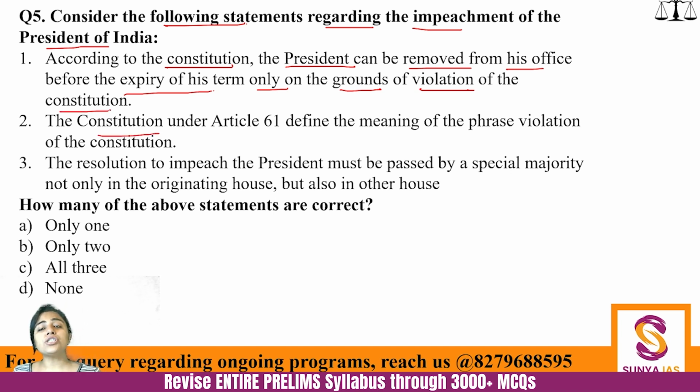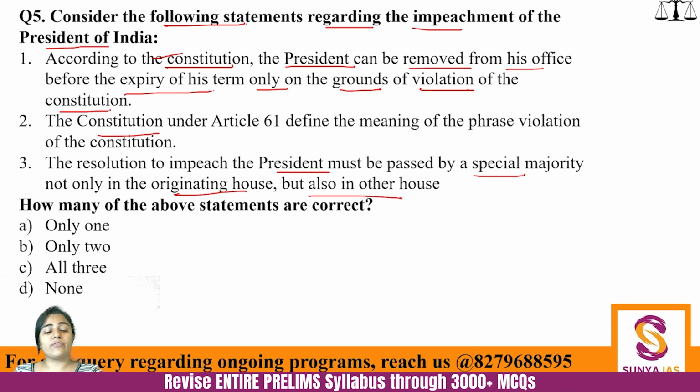Then, the Constitution under Article 61 defines the meaning of the phrase violation of the Constitution, and the resolution to impeach the president must be passed by a special majority, not only in the originating house, but also in the other house. Now, which of the given statements are correct?